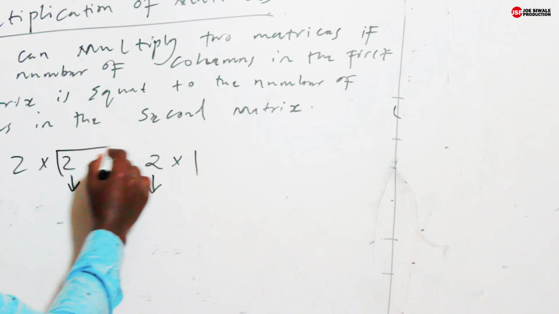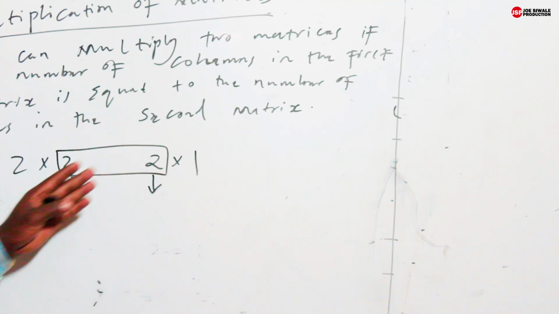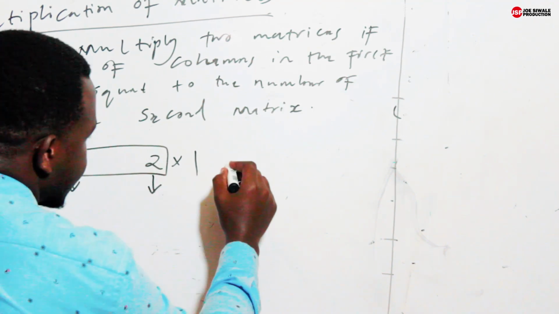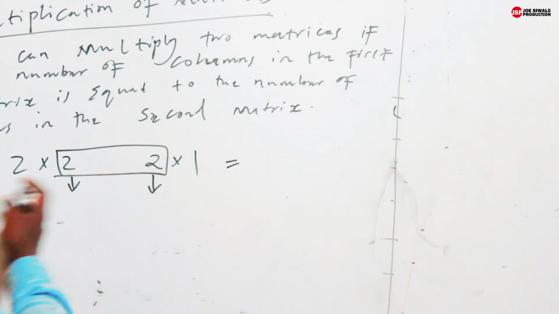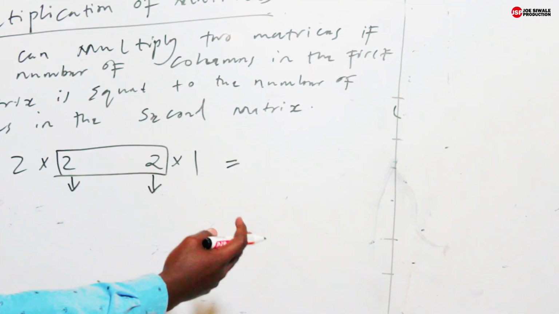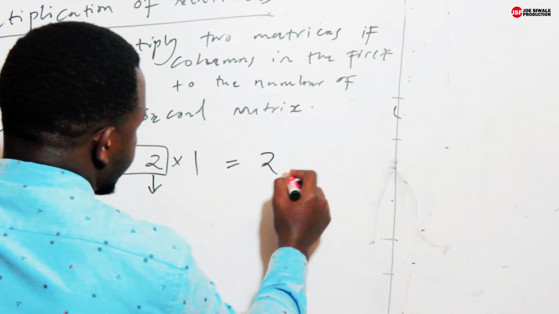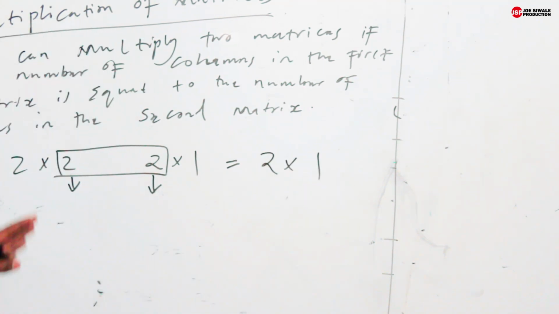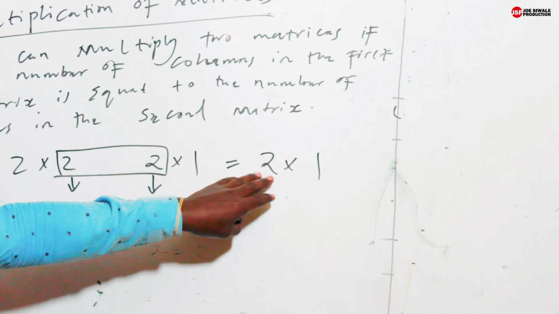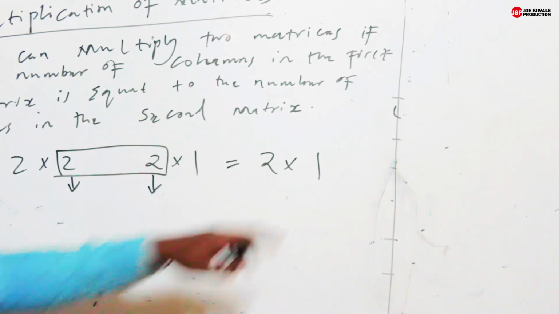So these two parts have to be equal, and that means that the product matrix that you're going to have is a 2 by 1 matrix. So you're going to have 2 rows and 1 column.